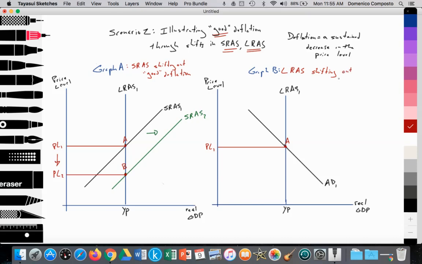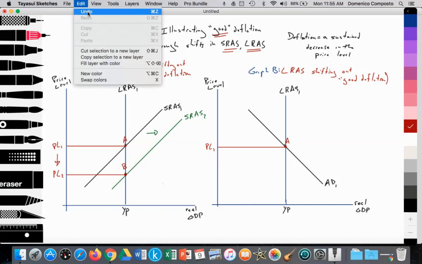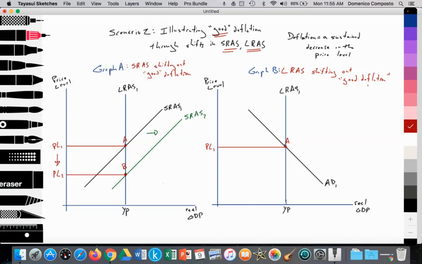And again, this is going to lead to good deflation. So later we're going to talk about something called supply side interventionist policies. This is for a later video, but I'll just mention it here.